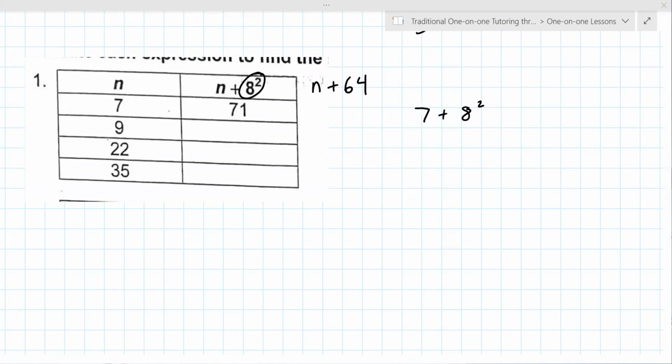71. Or sorry, no. Let me know when you get some of these numbers down. I can start checking them. 73. Good. Keep going. 31. For the next one, oh wait, hang on. Oh, you're adding it to 64. Right, it's 64.